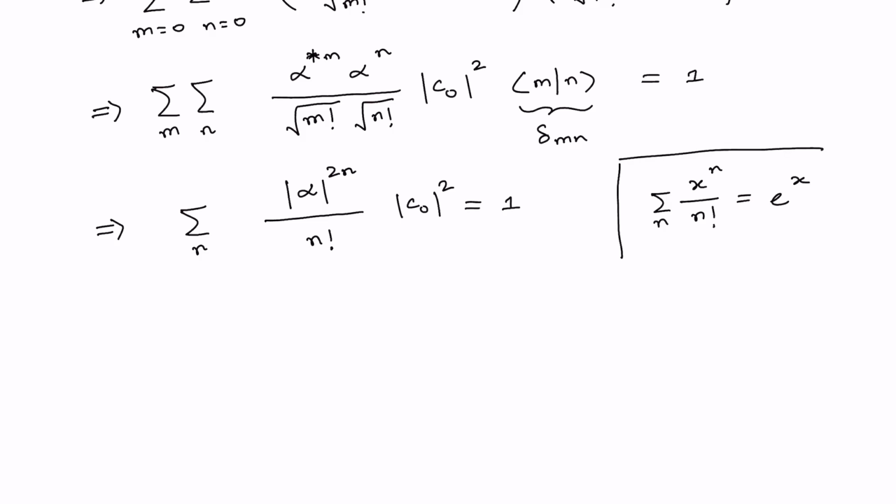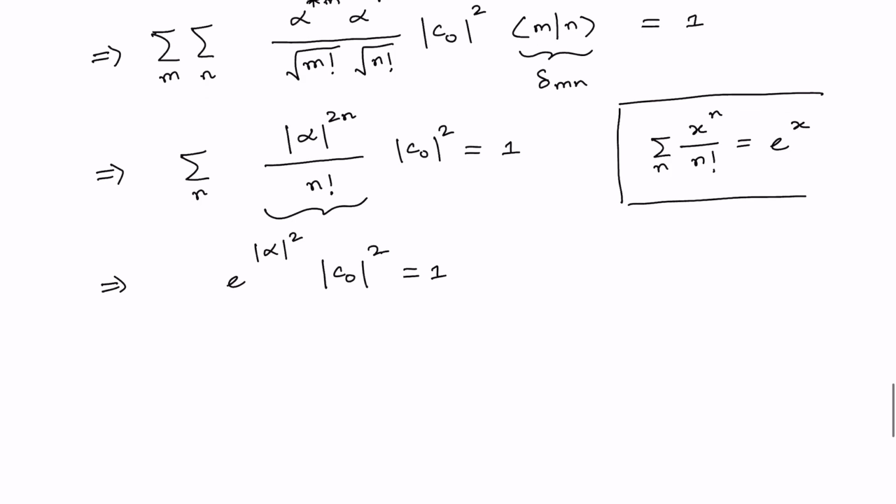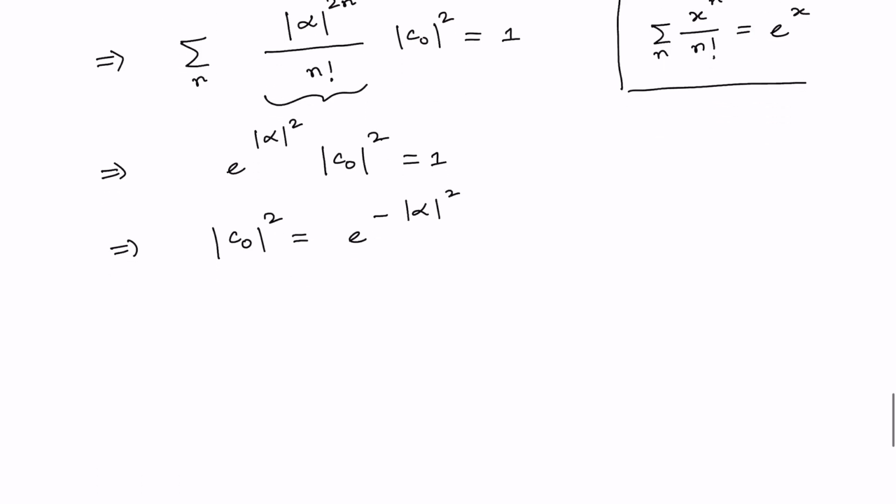So using this, you can immediately see that this term is nothing but e to the power mod alpha square, multiplied by C0 mod square is equal to 1, and this means that C0 mod square is equal to e to the power minus mod alpha square, and this gives you C0 is equal to e to the power minus mod alpha square by 2.